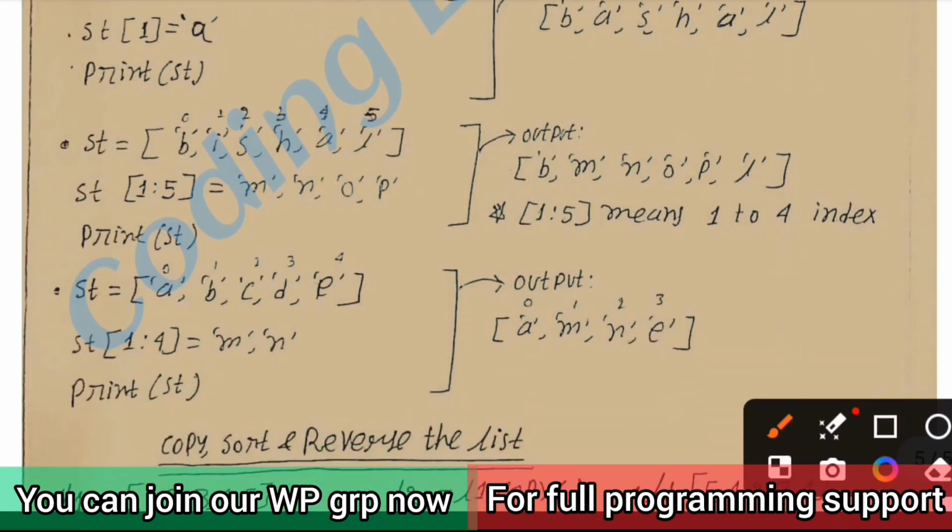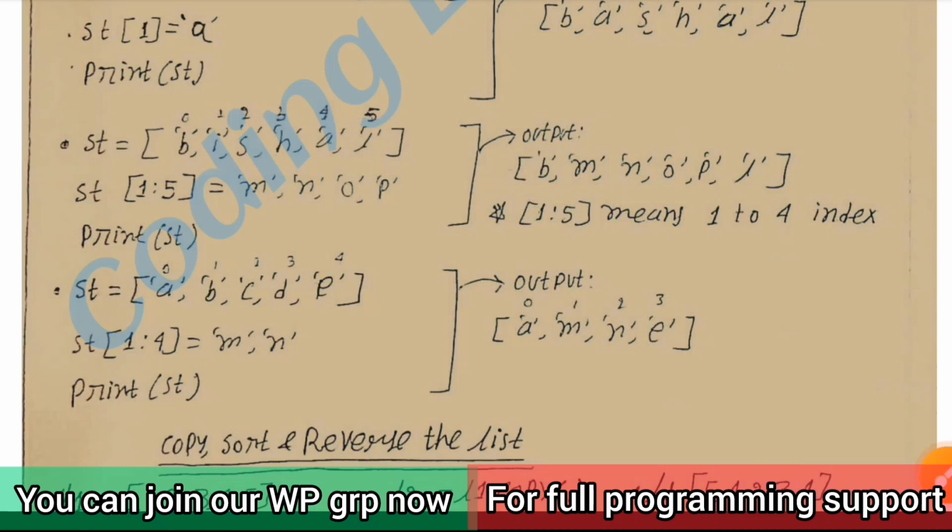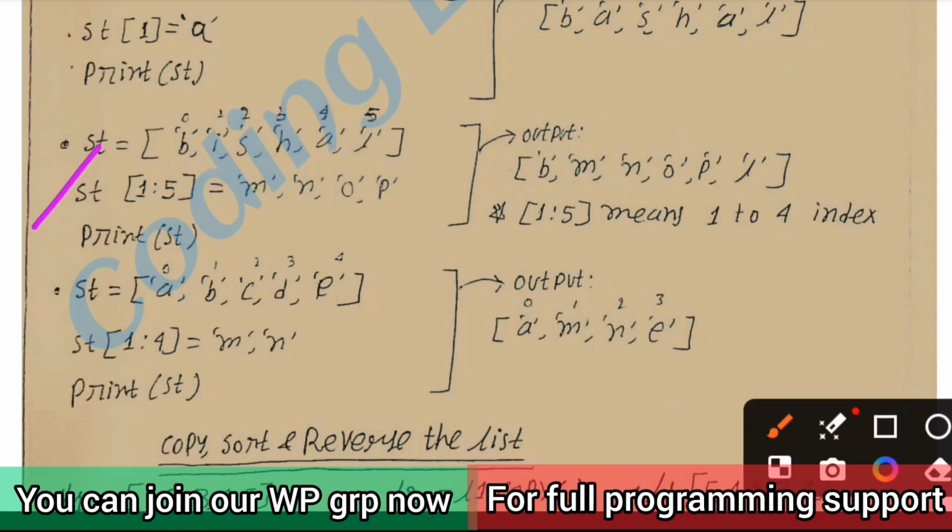After that, there is an important example: student equals VISHAL, with 0, 1, 2, 3, 4 as the index numbers. After that you can replace one or more elements. Okay, more than one element you can replace.